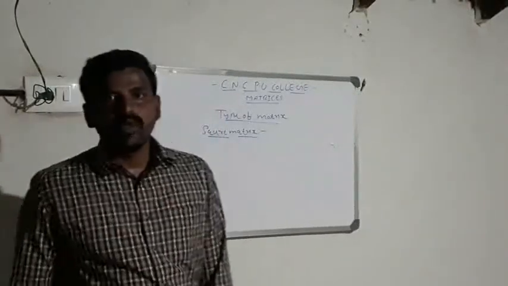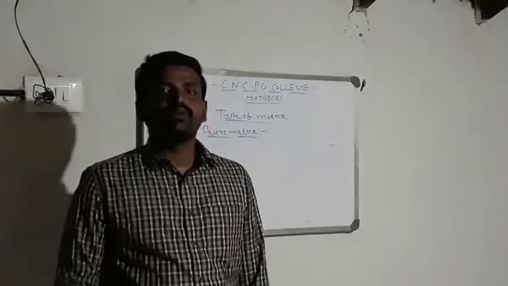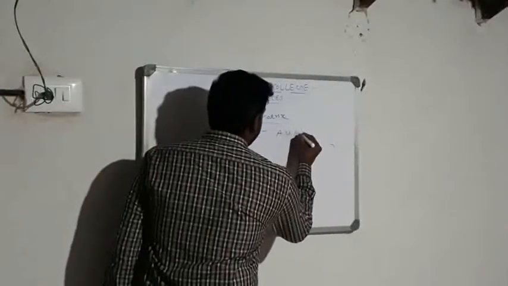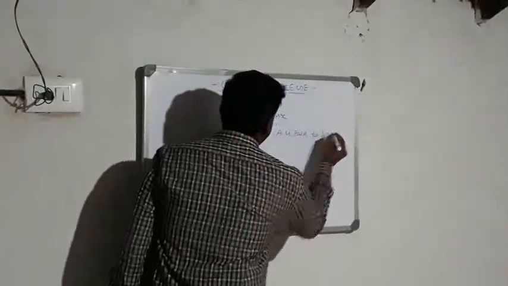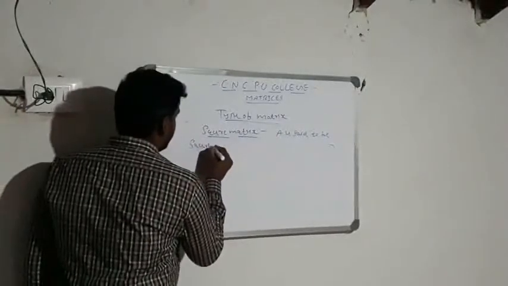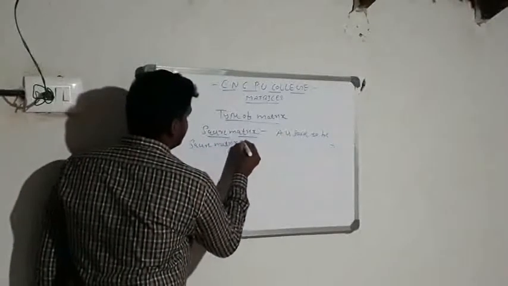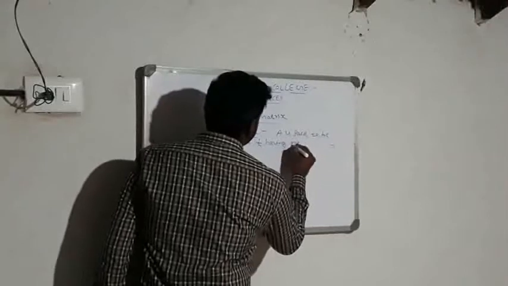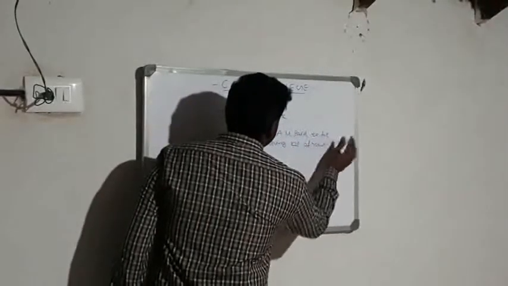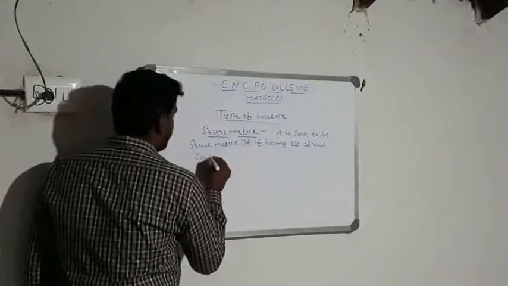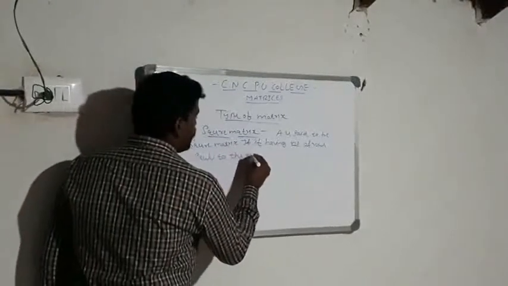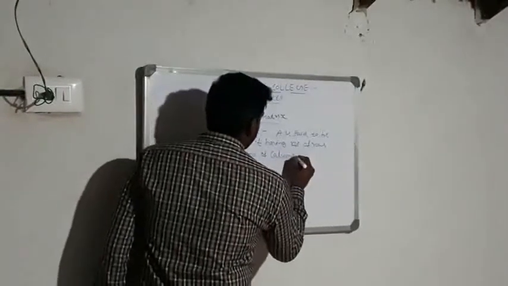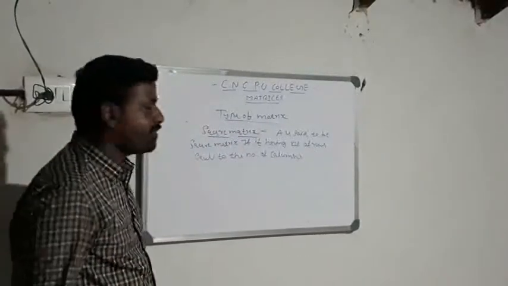For example, if a matrix has 2 rows, it also has 2 columns. Then this matrix is called a square matrix.